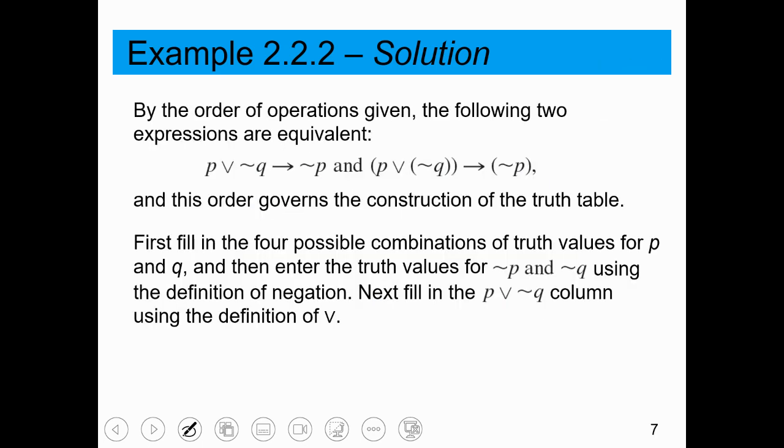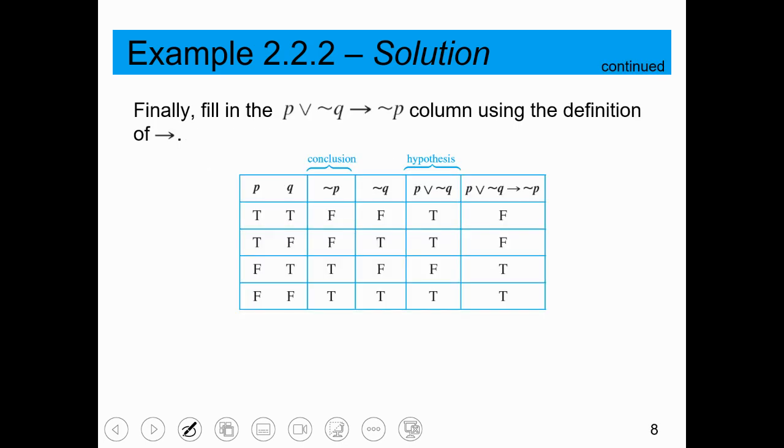Good. So by order of operations given, the following two expressions are equivalent. So we're going to start by doing P or not Q implies not P, and we'll see if this implication holds. So let's take a look at the truth table.